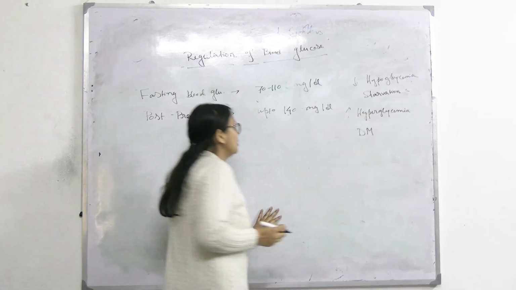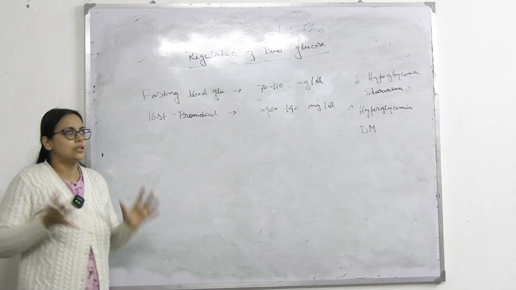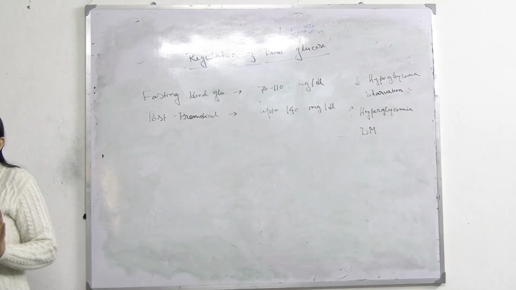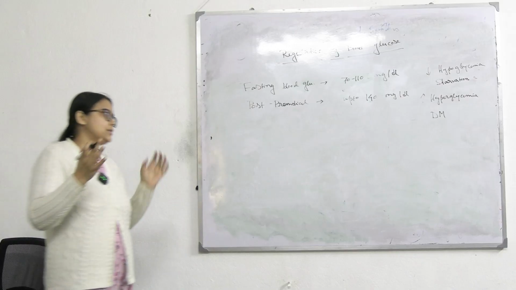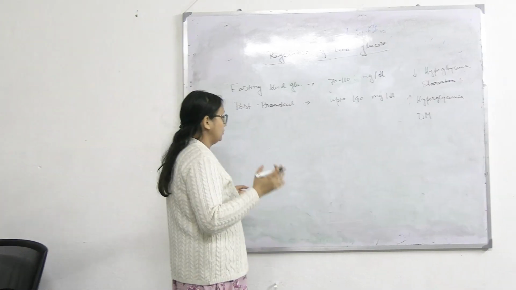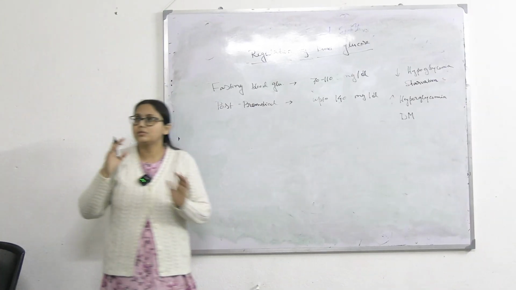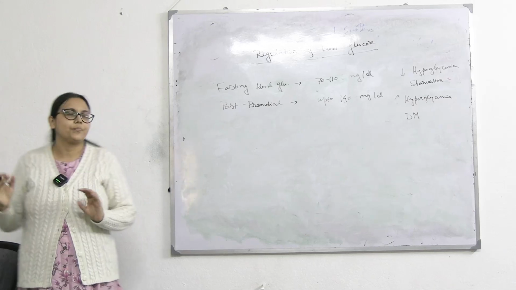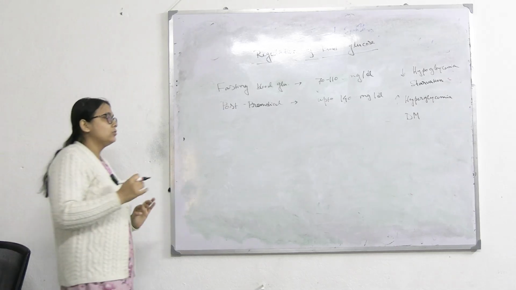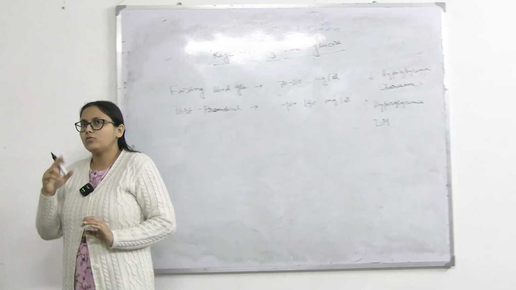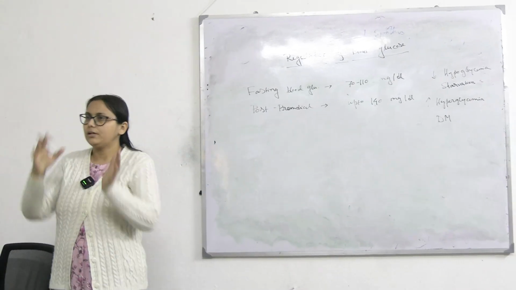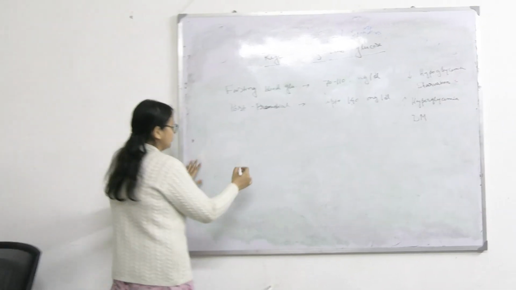Okay. When we take a carbohydrate rich meal, then glucose comes into the blood. Glucose is at first absorbed from the intestine, then it comes into the blood, and the blood glucose level starts rising, okay. And the blood glucose level reaches its peak in 1 hour. After 1 hour, it starts falling.